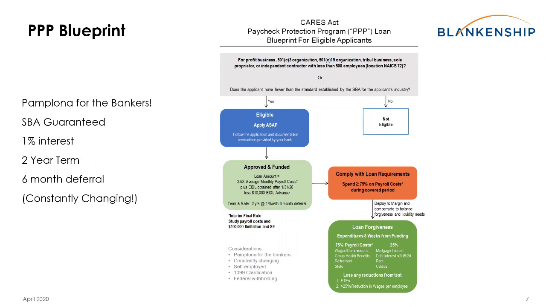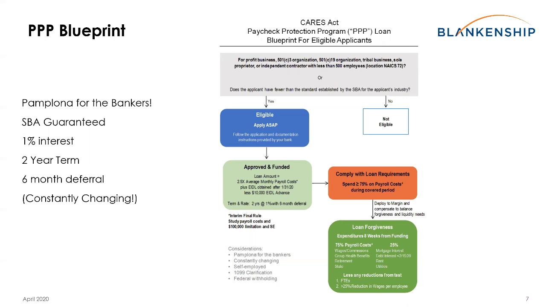Then you'd move on to a second reduction factor, and that is for any employee who has experienced a 25% reduction in wages or salary compared to what that employee was paid in the first quarter of 2020, you'll have to deduct that dollar for dollar off your forgiveness. Now, for this purpose, we're only going to include your rank and file employees.